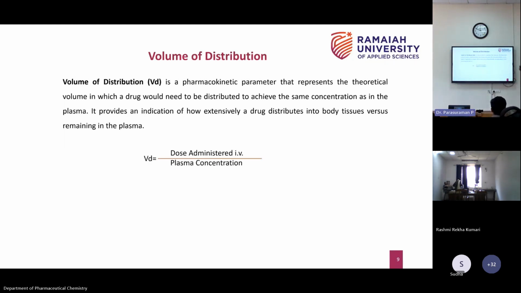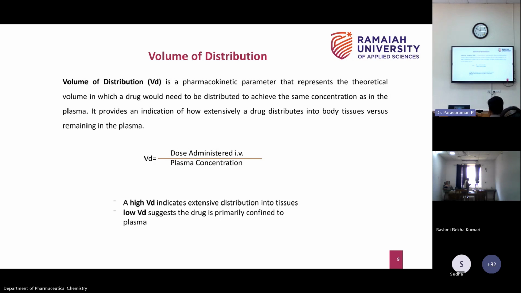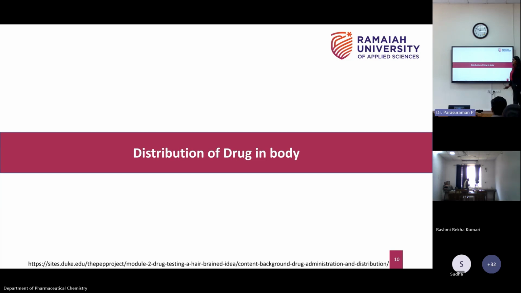It is calculated by this formula: dose administered by IV divided by plasma concentration. A high volume of distribution indicates extensive distribution into the tissues, and a low one suggests that the drug is primarily confined to the plasma.